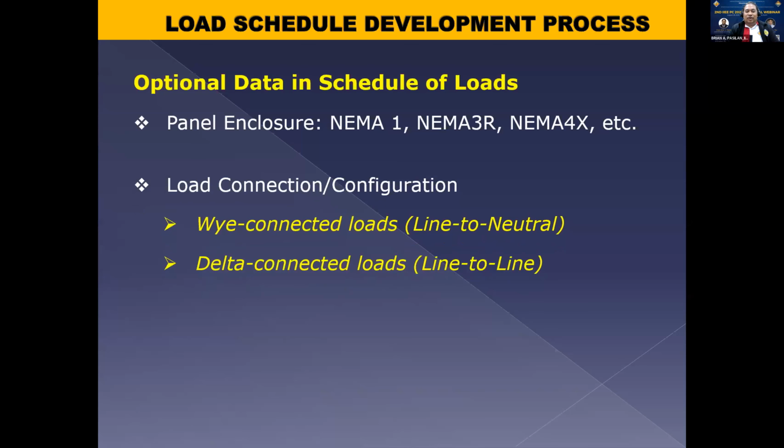Is it going to be Y connected loads or line to line? So, ang usefulness nito is kung may mag-review dun sa design natin, they can be made aware na yung system natin is a line to neutral loads or line to line loads, no? They can give it much more clarity kung anong type of system natin.